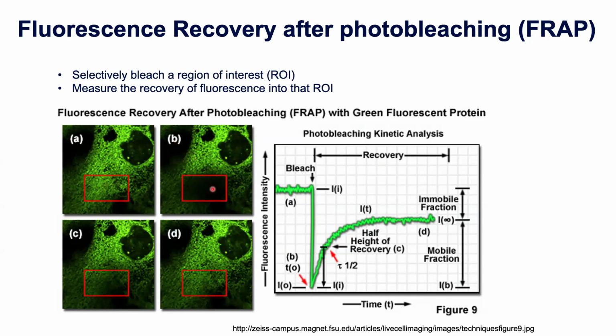So in image B, you can see that we've photobleached the fluorescence out of that region. What we're then doing is imaging over time and looking at the recovery of the fluorescent molecules from outside of that field of view into that region of interest. Okay, so we're looking at the mobility of the fluorescent molecules within this sample.